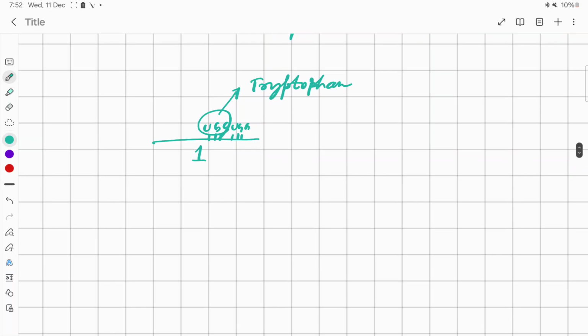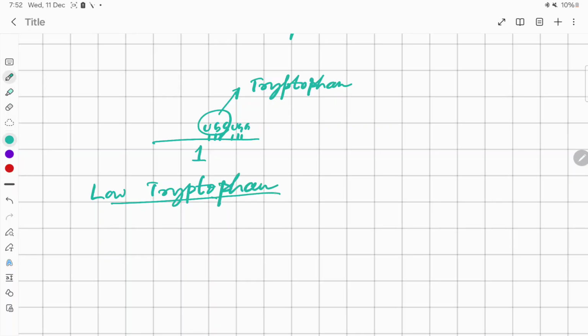Two conditions can be there: when there is low tryptophan, and when there is high tryptophan.